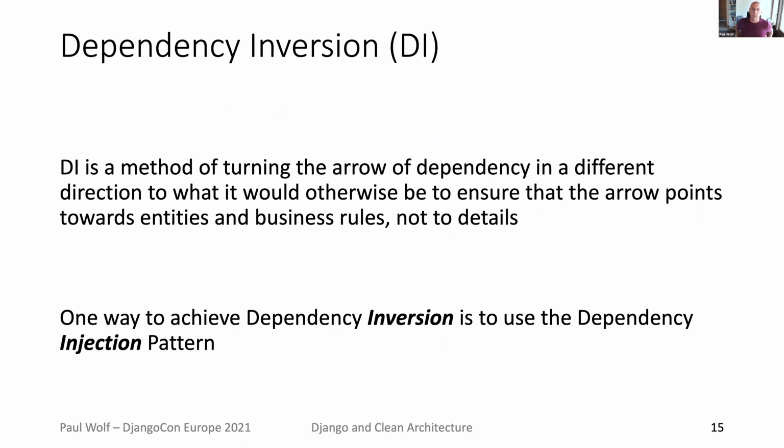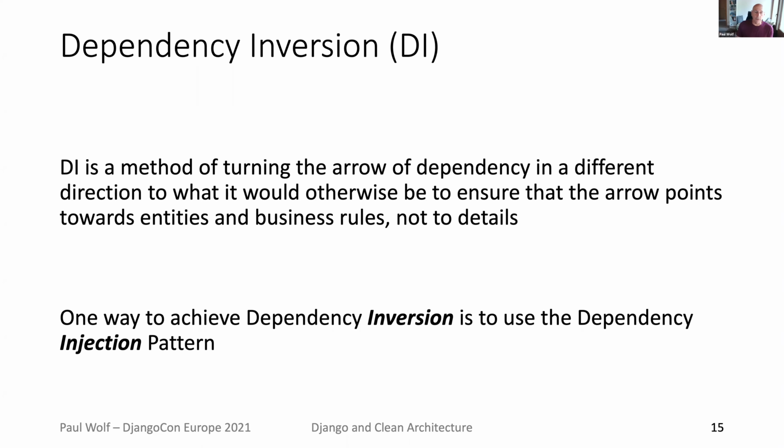So dependency inversion is a key factor that runs throughout clean architecture. And it's just a way of changing this arrow of dependency if it's pointing in the wrong direction, like if it starts to point outwards from the more stable parts of your code base, you don't want that, and you can use dependency inversion to change that.